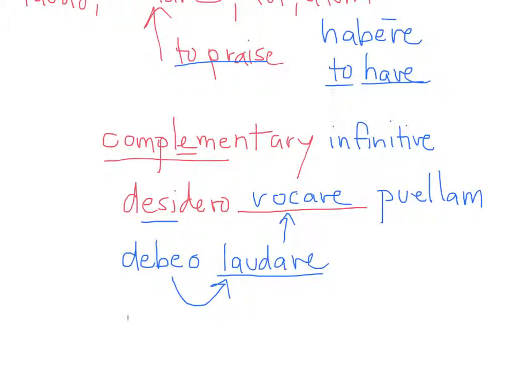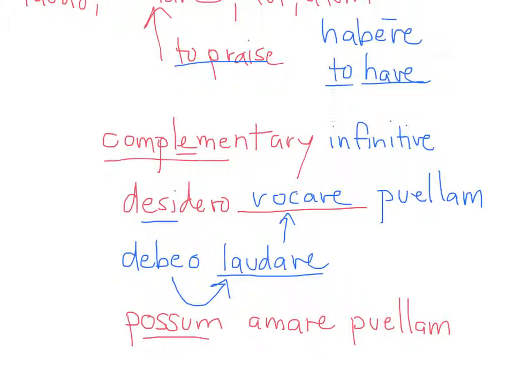Another one that the book doesn't get into yet is possum. I am able. And then you would follow it with a complementary infinitive. I am able, amare. I am able to love the girl.